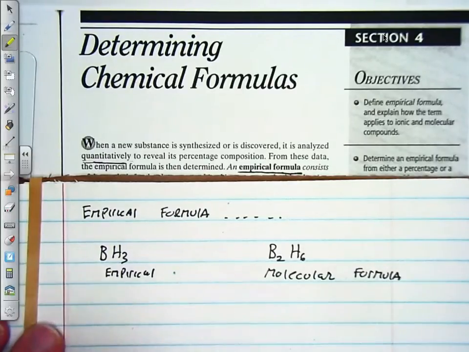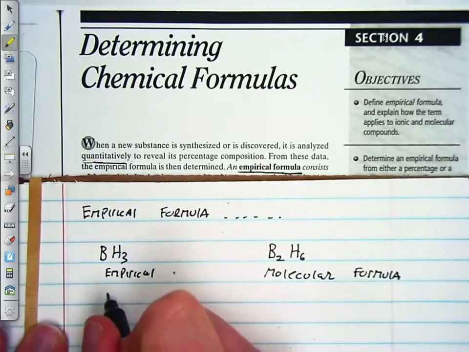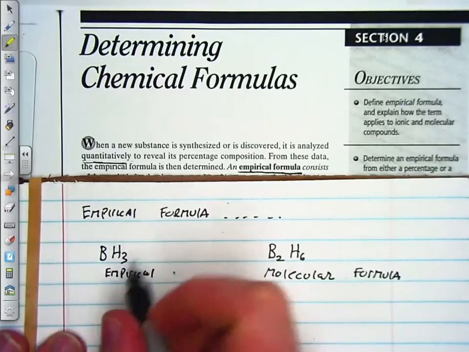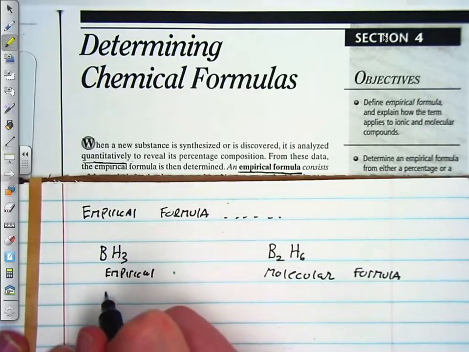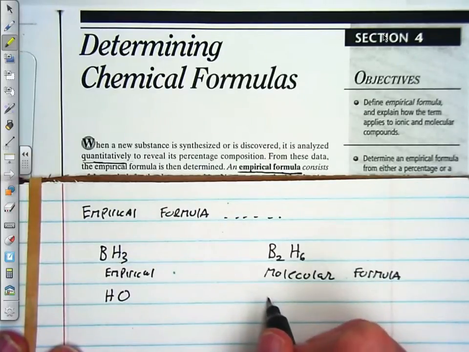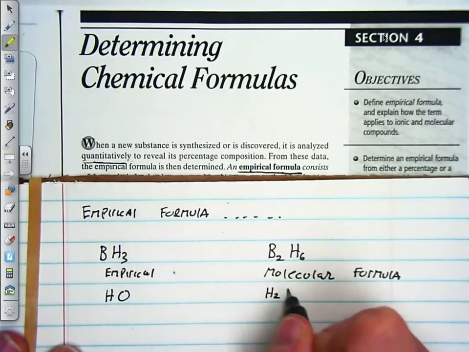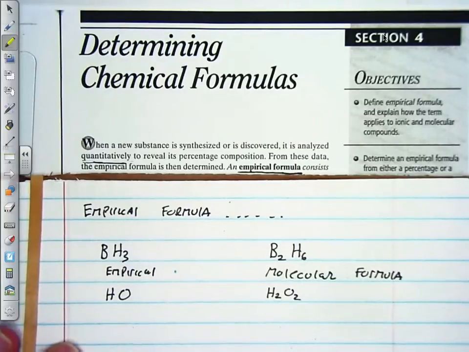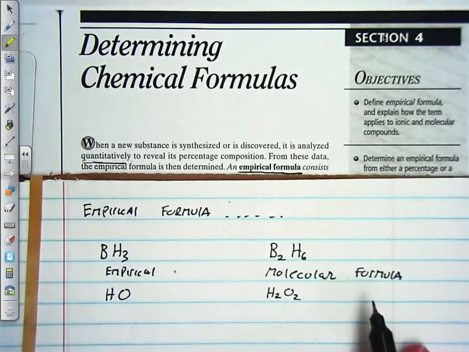Okay, here's another example you might want to write down. The empirical formula for hydrogen peroxide would be HO, but the molecular formula would be H2O2. All right, so you can see that the empirical formula is different than the molecular formula.